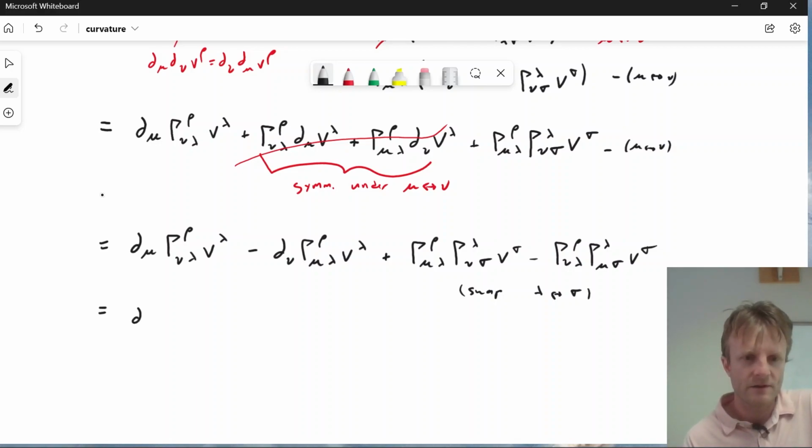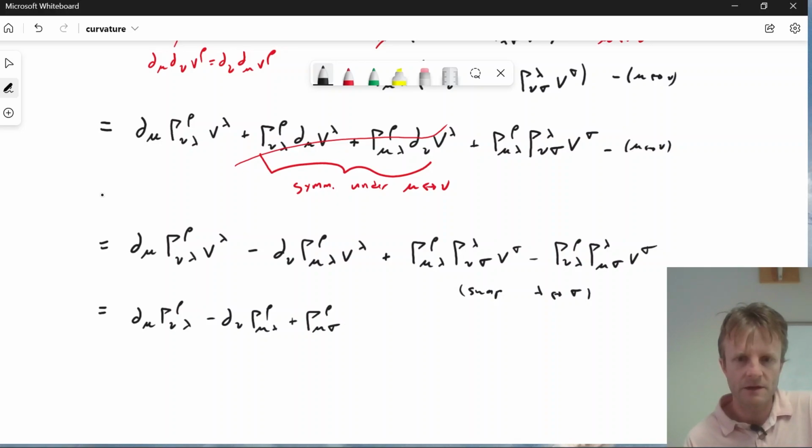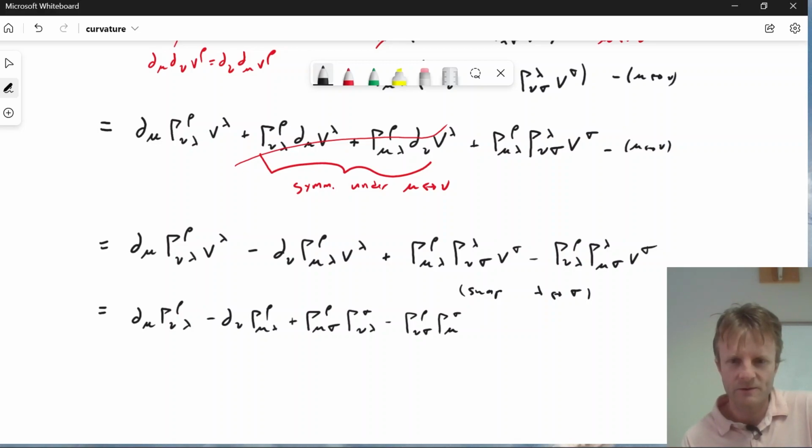So we'll have del mu gamma rho nu lambda minus del nu gamma rho mu lambda plus gamma rho mu sigma gamma sigma nu lambda minus gamma rho nu sigma gamma sigma mu lambda, all times v lambda.